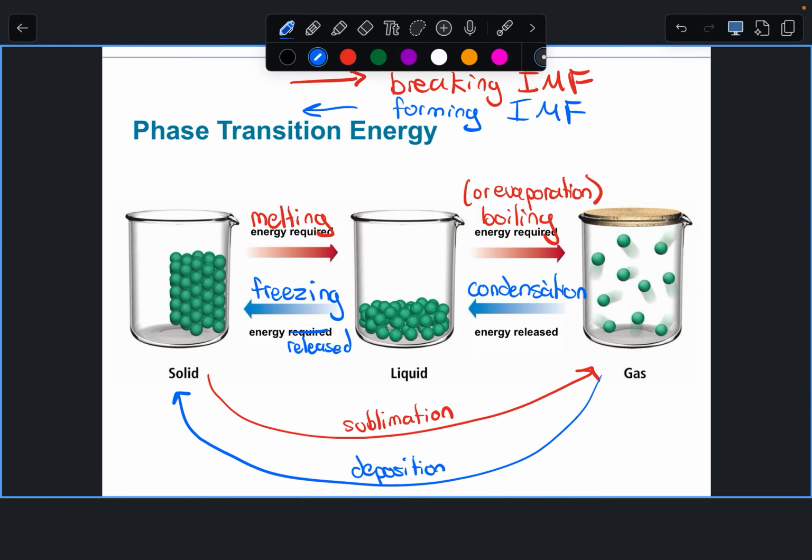But now we need to talk about it in actual numbers. Now that we know what that energy is being used for, we need to do it in actual numbers and we need to do calculations with it. Okay, so most of the rest of the chapter will be converting some of those concepts into calculations.